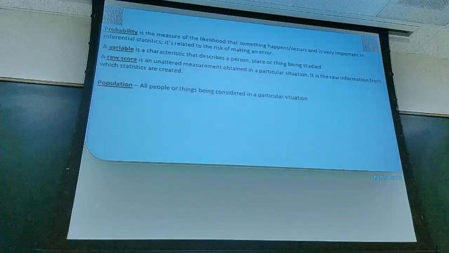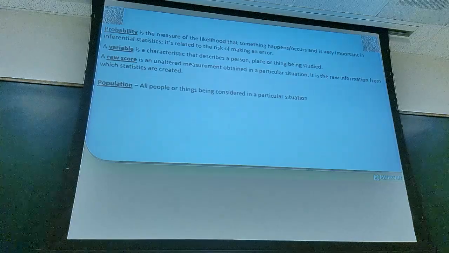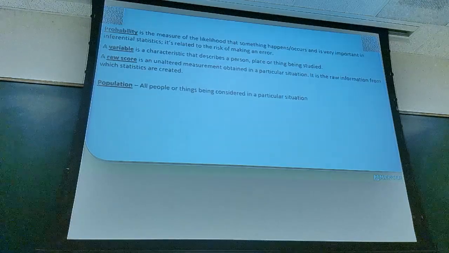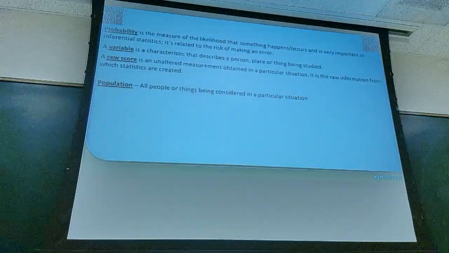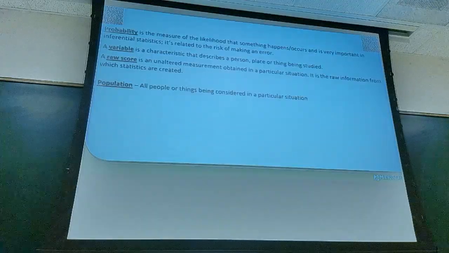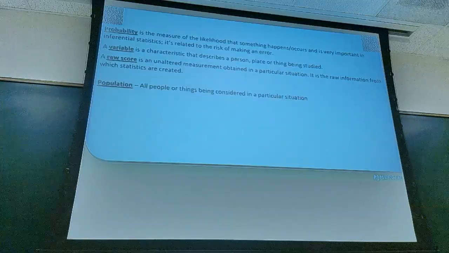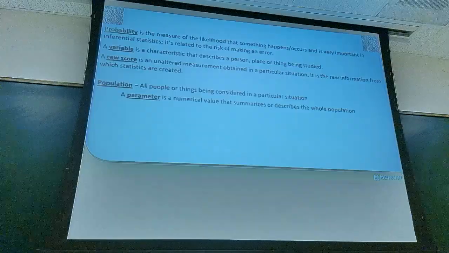A population is the collection of everything that you want to consider. Parameter is a numerical value associated with a population.